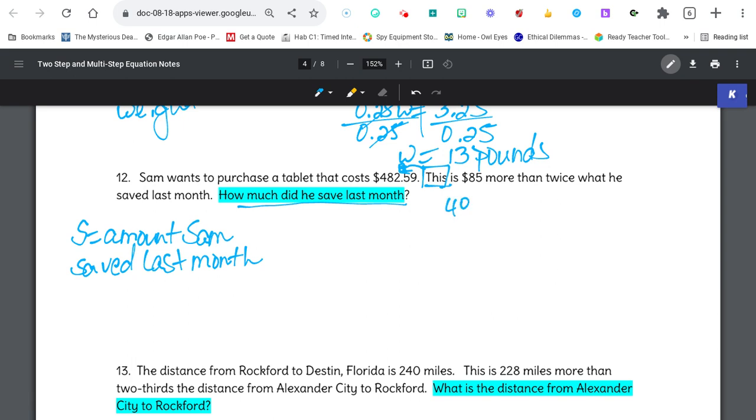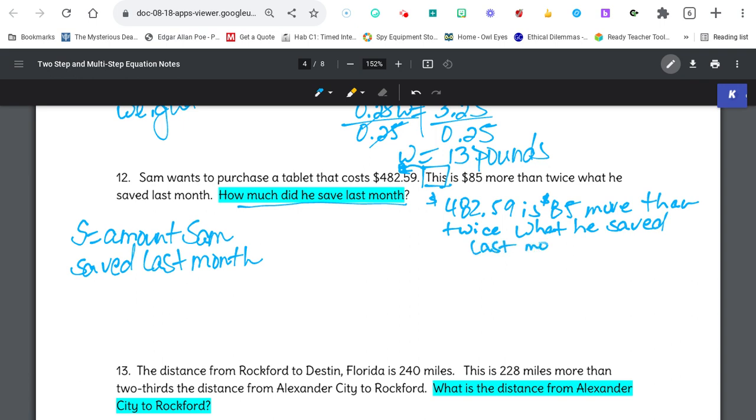So I know $482.59 is $85 more than twice what he saved last month. Okay, let's just go off of that.